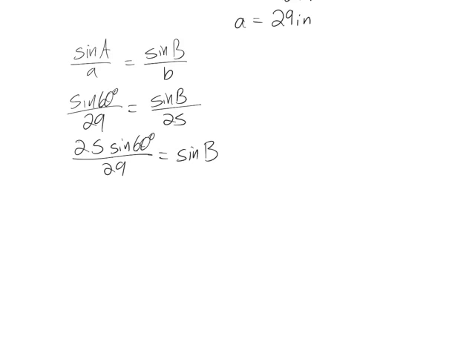And what I get for that value, if I go several decimal places, is 0.7466, and then I do inverse sine, which is just second sine on my calculator of that value. In fact, I didn't even have to round it to put it in my calculator. I just left it alone.